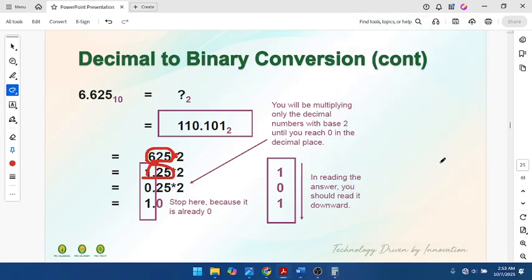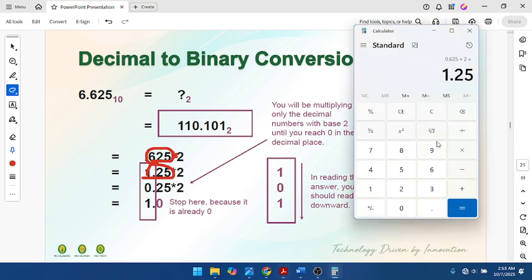Okay, then now another, we have 1.25 times 2. Wait lang. Hindi rin.